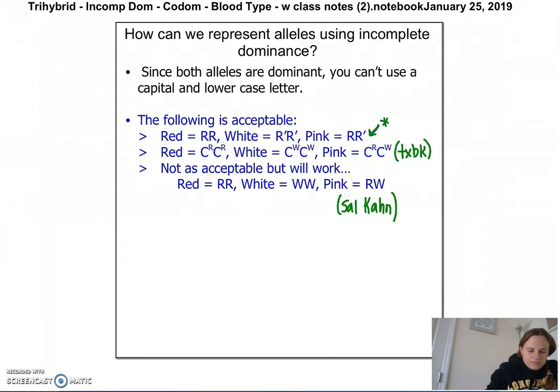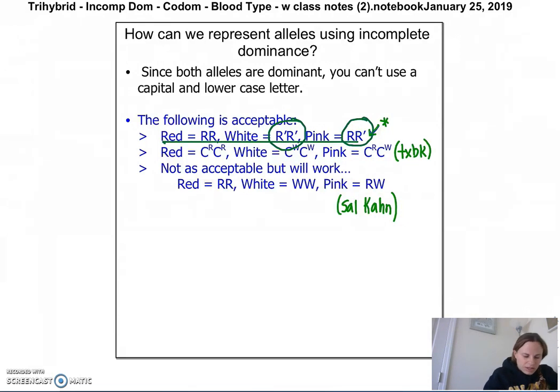The nomenclature that we're going to be using is this first one, where one dominant allele would be a capital letter, the other dominant would be a capital with a little asterisk, and the offspring would be the capital letter with one asterisk.